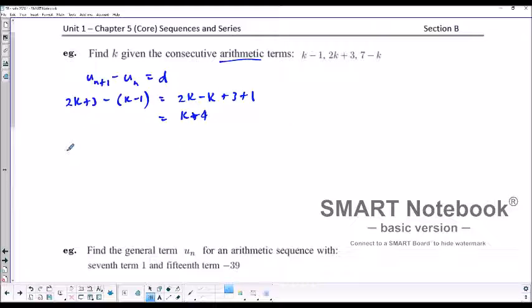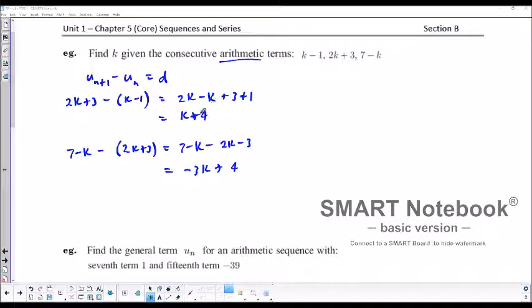Again, we can then do 7 minus k minus 2k plus 3. And so we're going to have 7 minus k minus 2k minus 3. And we're going to have then negative 3k plus 4.